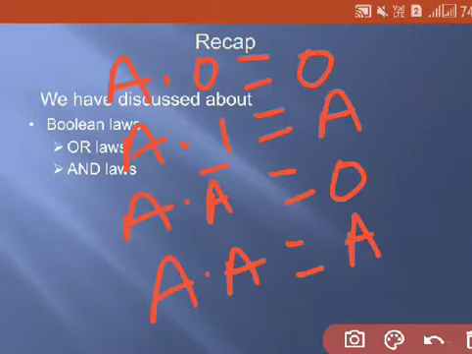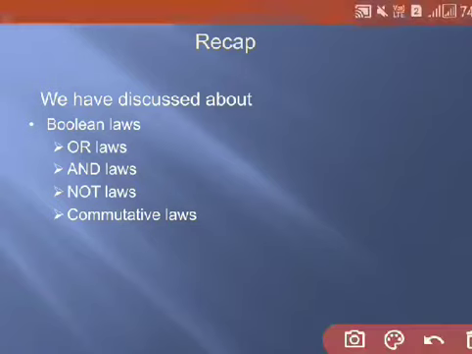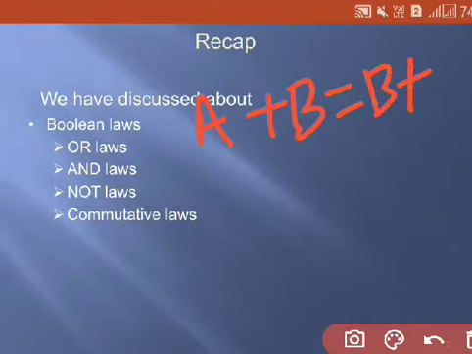So these are the various AND laws available, and in addition to that you also studied NOT laws, so a double bar is equal to a, and the commutative law like a plus b is equal to b plus a.